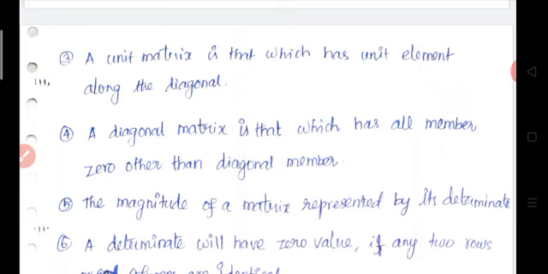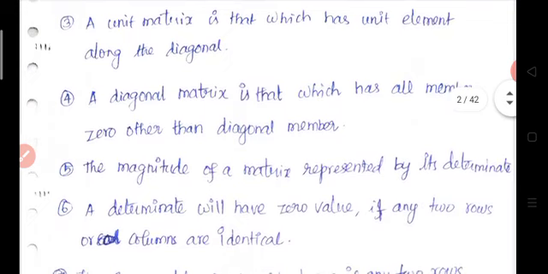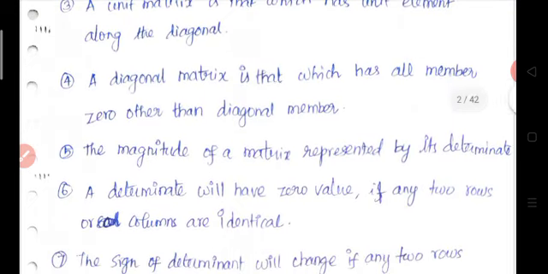Then third, the unit matrix. A unit matrix has unit elements along the diagonal, and all other elements have zero values. Then fourth, the diagonal matrix. A diagonal matrix has all members zero other than the diagonal members.